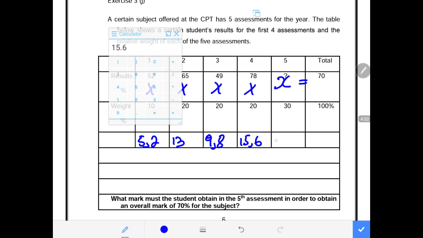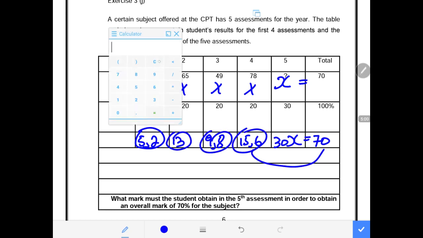The fifth assessment will be 30x, because we are looking for x and this x is not yet solved, and the total mark overall the student wants to obtain is 70. So now we need to know how much percentage the student must obtain in the fifth assessment. We need to add all these ones, then put them across the equal sign.